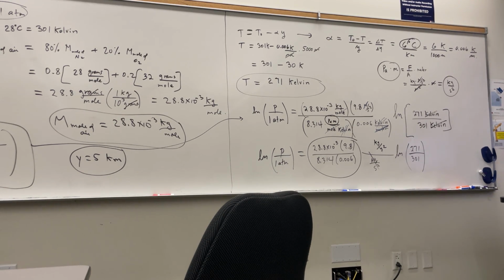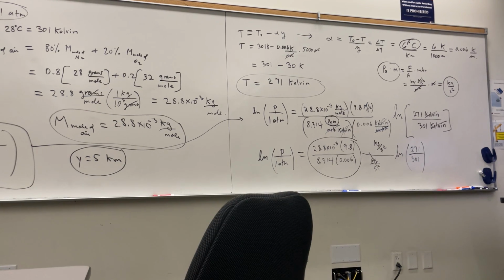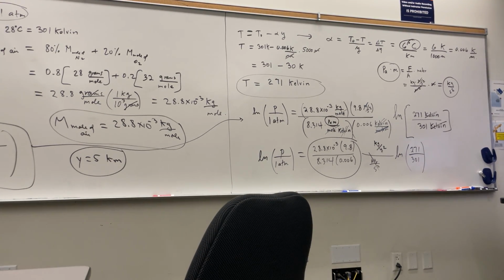The natural log of this number is going to be a negative number, because that's less than 1. So when you multiply, this will be here on the right hand side. That should be a negative number. What do you get?